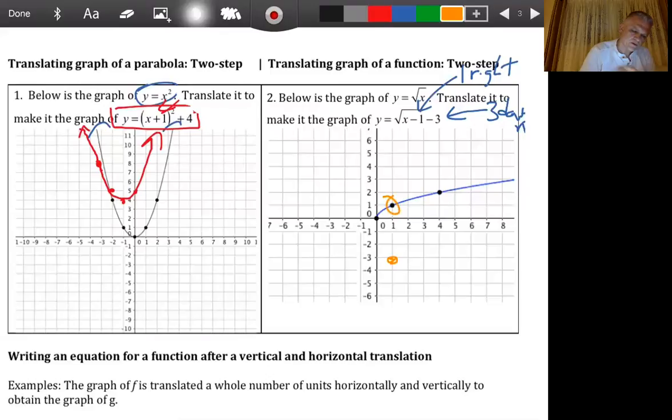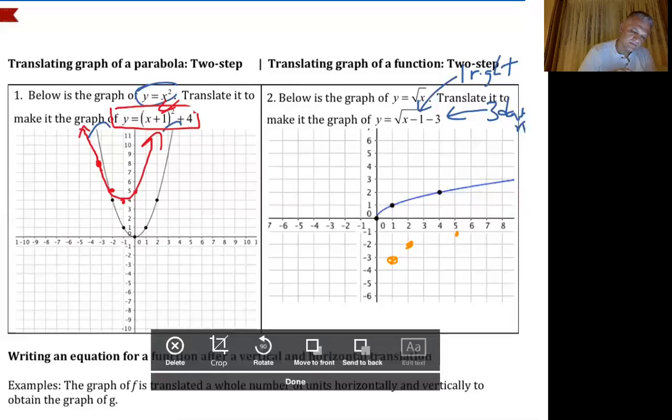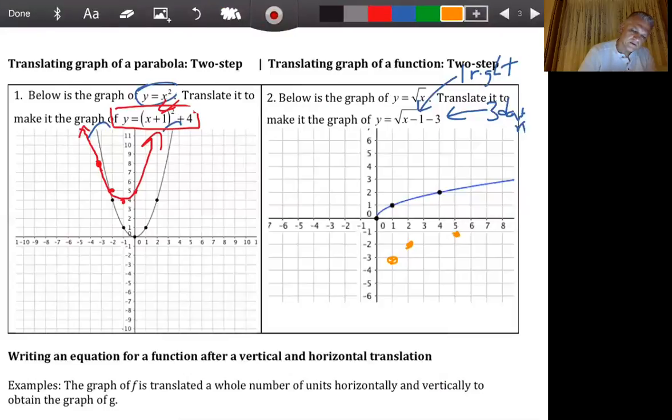Take the second point: 1 unit right, 3 units down. This last point: 1 unit right, 3 units down. Okay. And let's connect those dots. We have translated the function.